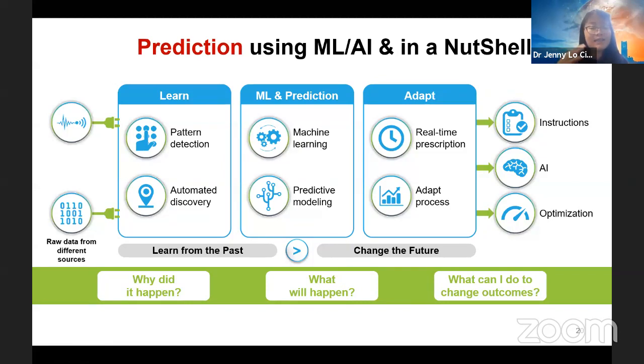Can you apply this algorithm in the healthcare system in real time in order to improve the process, change the future, or avoid some adverse outcome? So what can you do with a machine learning algorithm to change the outcome for patient care or clinical care? That is when you try to automate the process, or change human behavior, and that is more of the AI part.